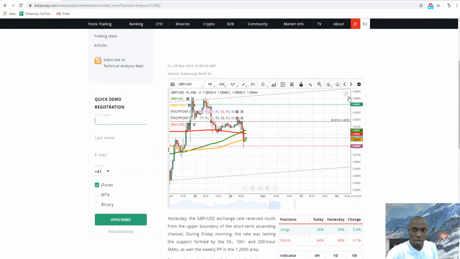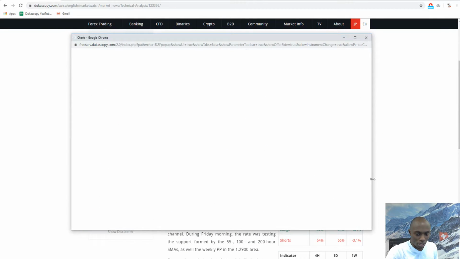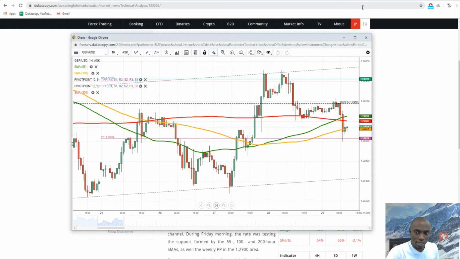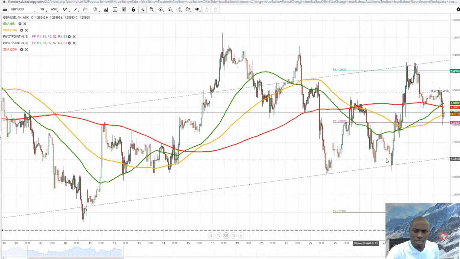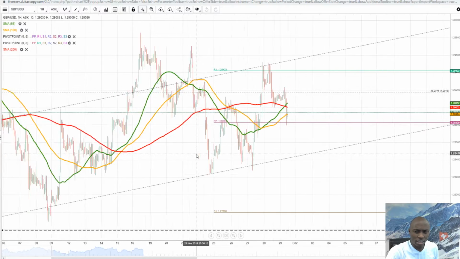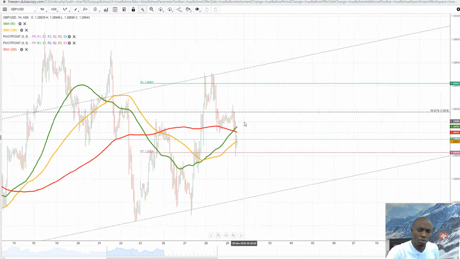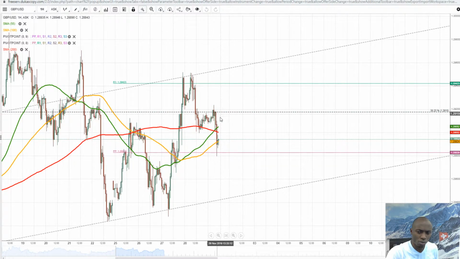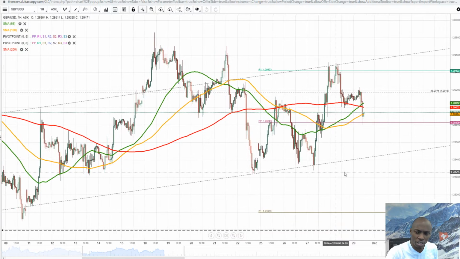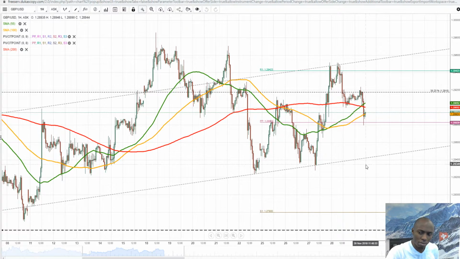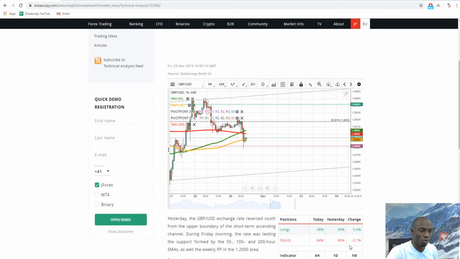Then you easily pull up the chart. You can just look at it and see why she thinks like that. And actually, she posted this a few hours ago and it was already going downward. And I think, from a theoretical point of view, with the moving average, it might likely test the psychological level of 1.28. That's my opinion of what I think will happen.